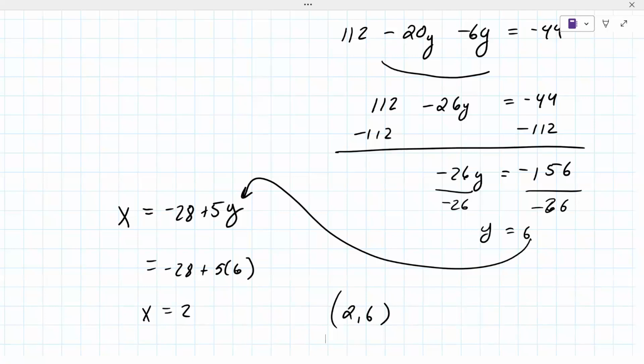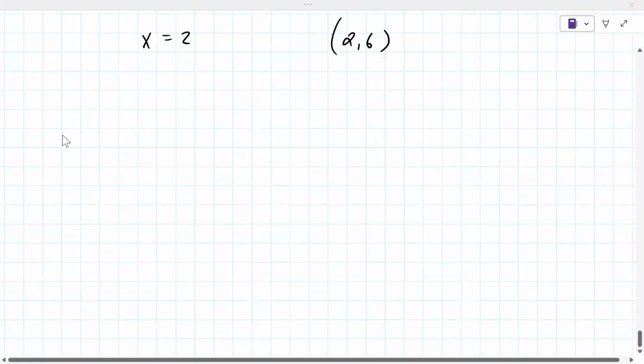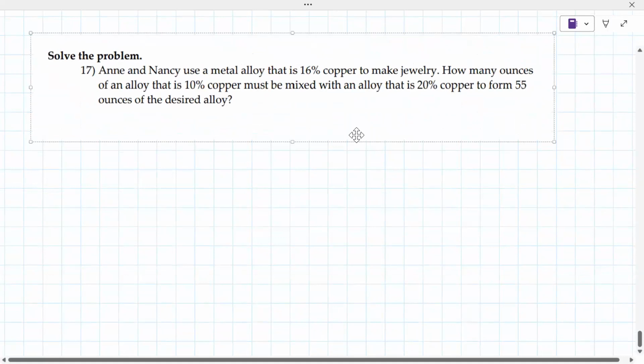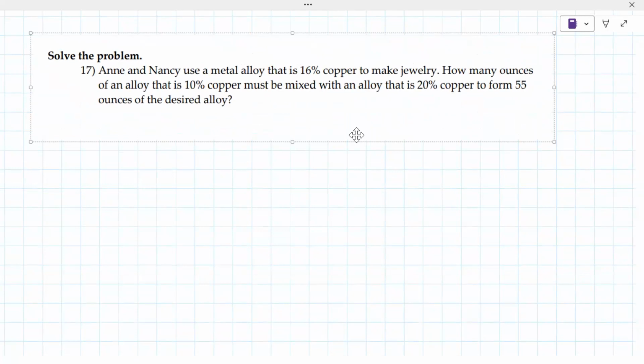Okay, so we're running short on time here. I feel like I should at least set up 17 for you, and then maybe solve another one. We'll probably run out of time. So, Anne and Nancy use a metal alloy that has 16% copper to make jewelry. How many ounces from an alloy that is 10% copper must be mixed with an alloy that is 20% copper to form 55 ounces of the desired alloy?